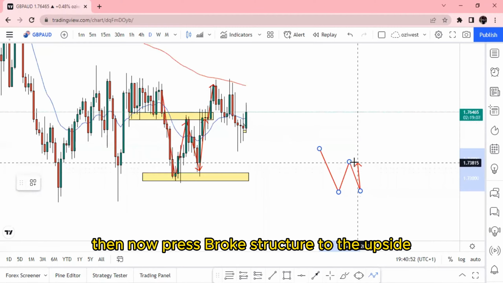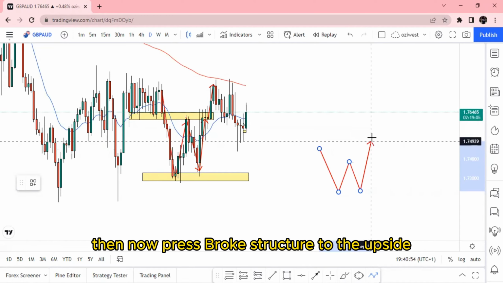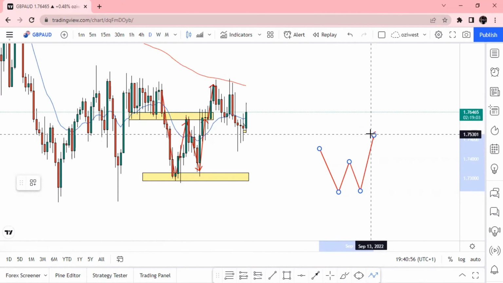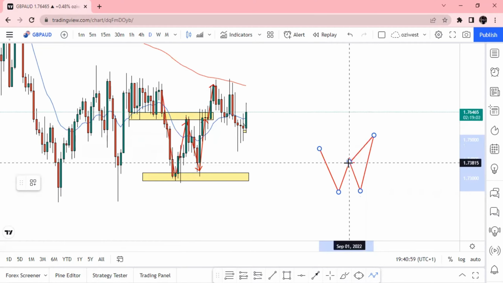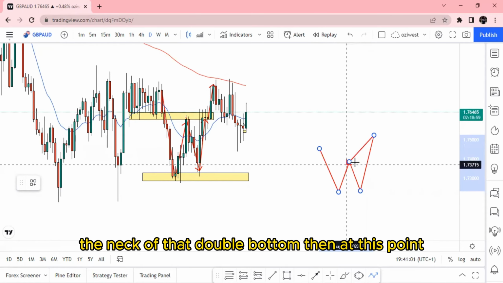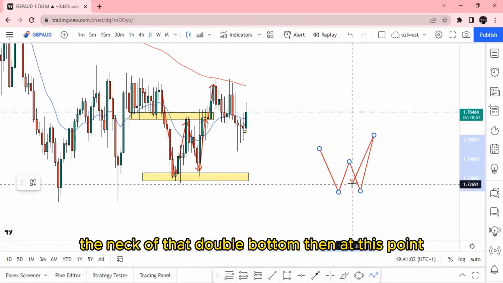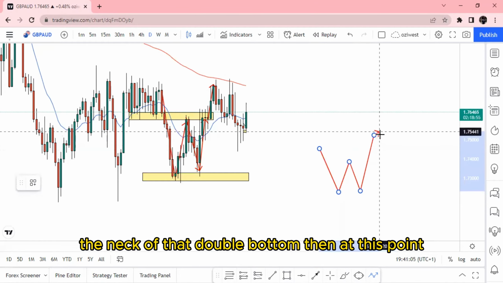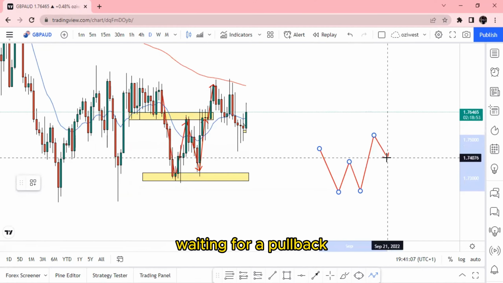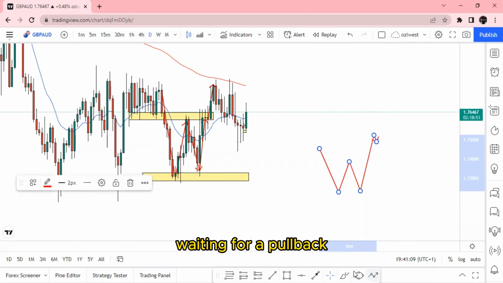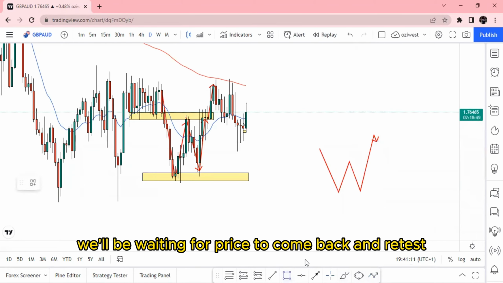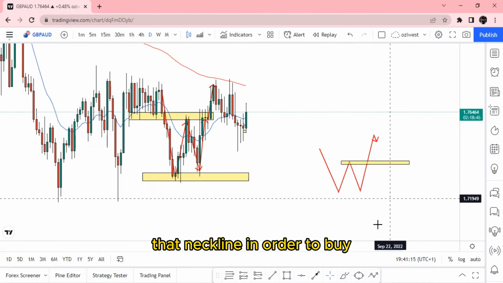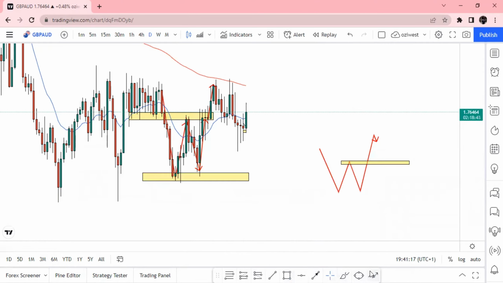Then price broke structure to the upside, breaking the neck of that double bottom. At this point we'll be waiting for a pullback, for price to come back and retest that neckline in order to buy.